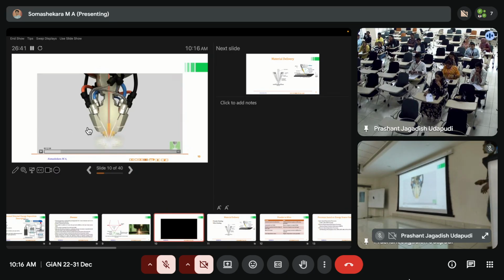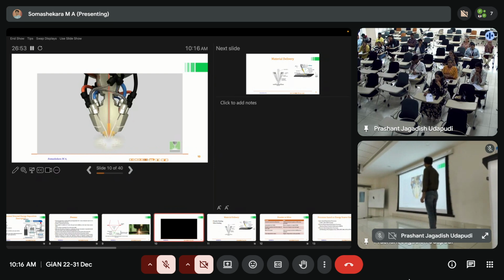Yeah. So if you see the schematic, as I mentioned, this is the powder, right? You can see the powder is coming, and this is the laser. You can clearly see how they are interacting at the focused point.